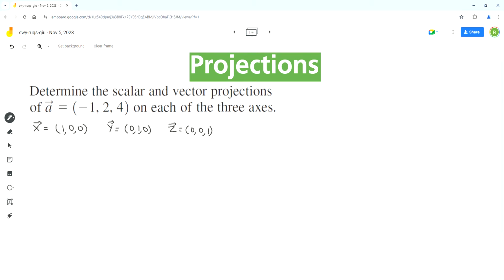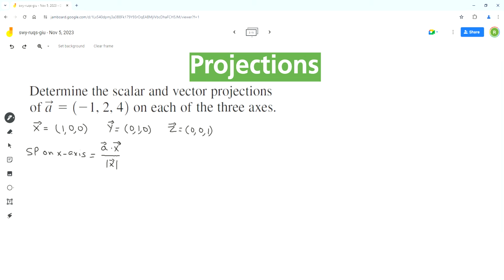So let's start with the scalar projection for the x-axis. I'll write SP for scalar projection. This is the formula for scalar projection.